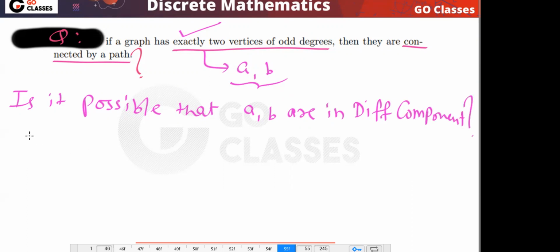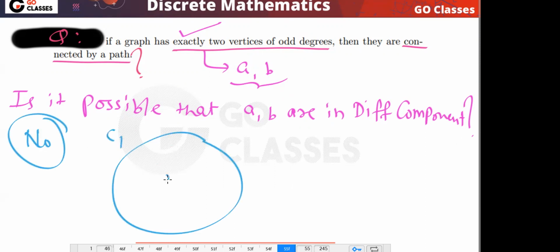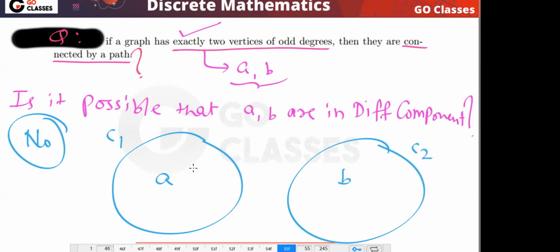The answer is very simple. That is no. Because if they are in different components, like A is here and B is here, then what will be the problem? Now this graph has an odd number of odd degree vertices.